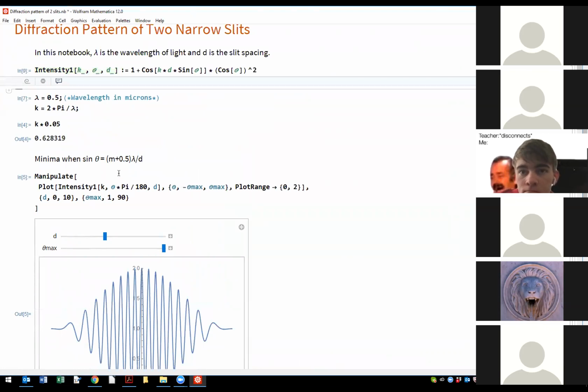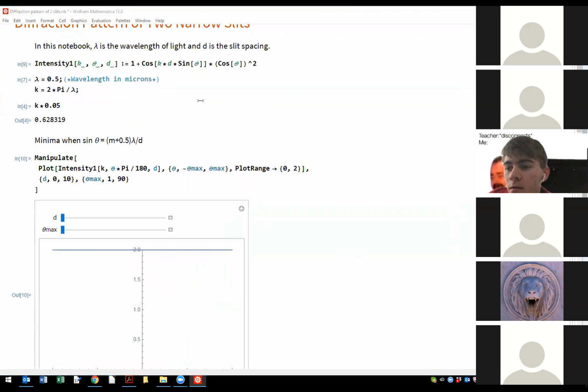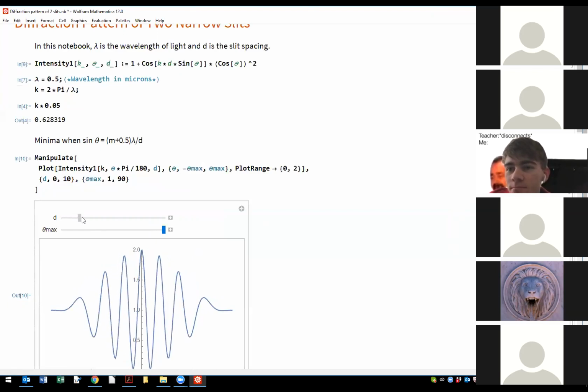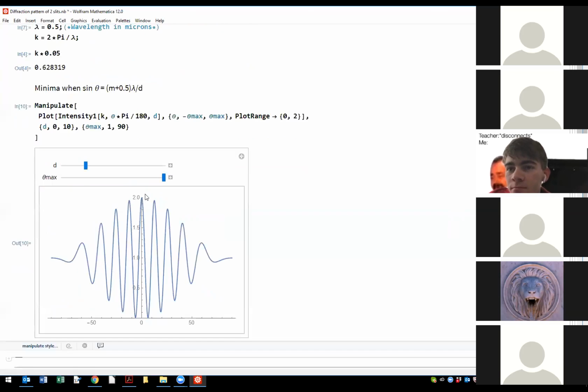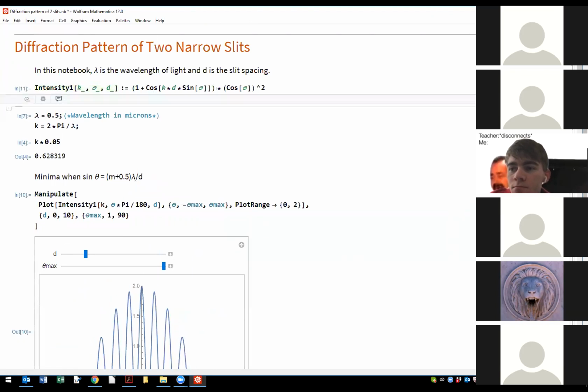All right. Oh, you know what I did? I forgot to multiply the whole thing by cosine squared theta. I only multiplied the second term.